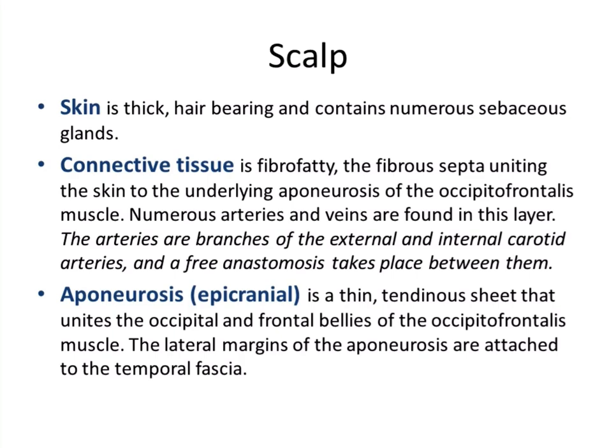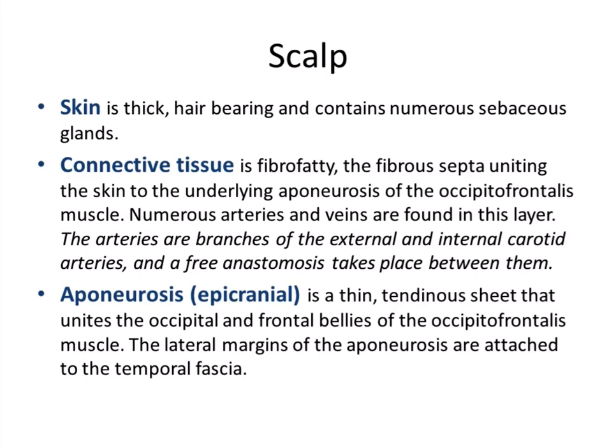The second layer is the dense connective tissue, from its name, dense. The thickest layer of the scalp is the second layer. It is fibrofatty, so it consists of fibrous tissue and fatty tissue. The fibrous septa unite the skin to the underlying aponeurosis of the occipitofrontalis muscle.